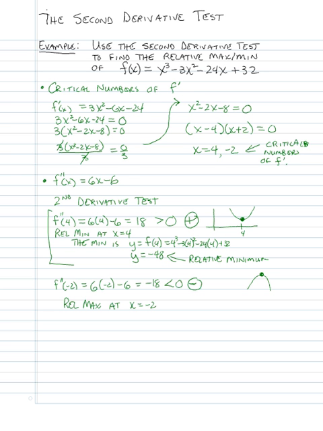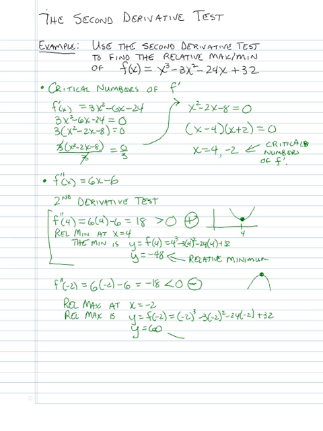But the relative maximum is a y value. It is a y value that we calculate by putting negative 2 into the original function. And so when we do that, we'll have negative 2 cubed minus 3 times negative 2 squared minus 24 times negative 2 plus 32. And when we go through all that calculation, we get 60.